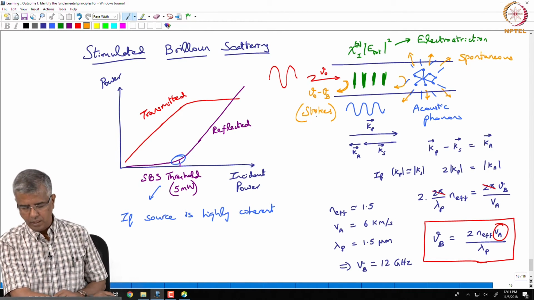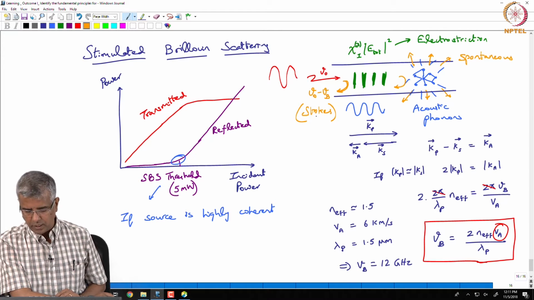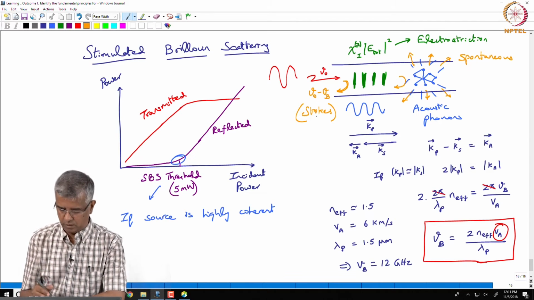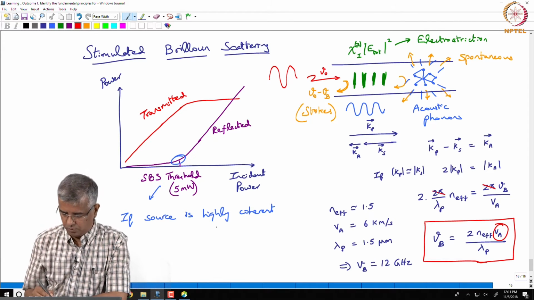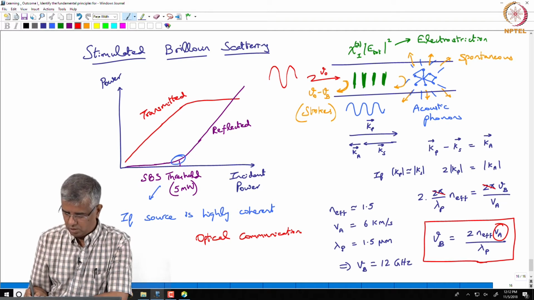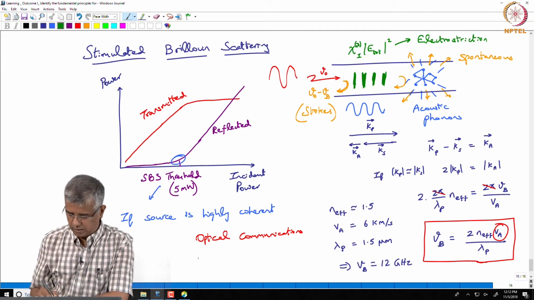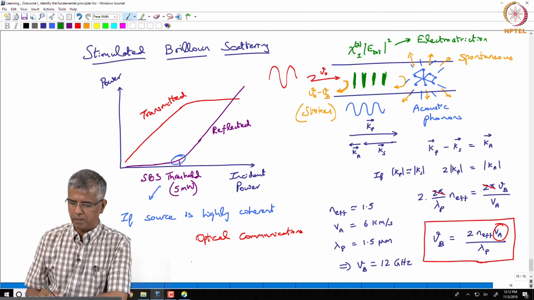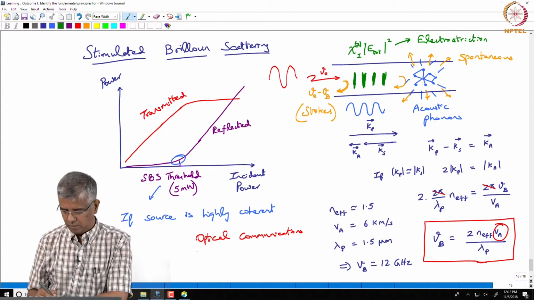Okay. So, we looked at this being a problem for optical communications, but we said it is actually a very nice way of picking up strain or temperature of the material.